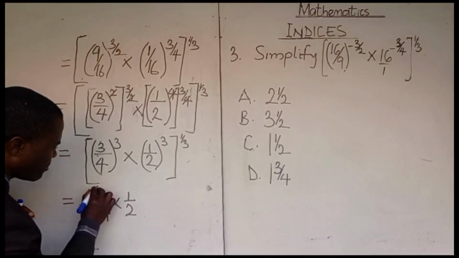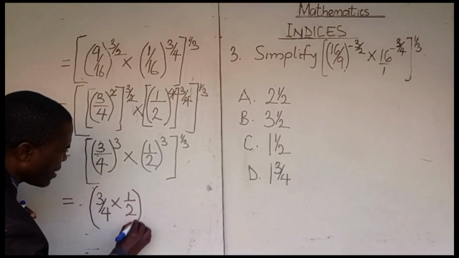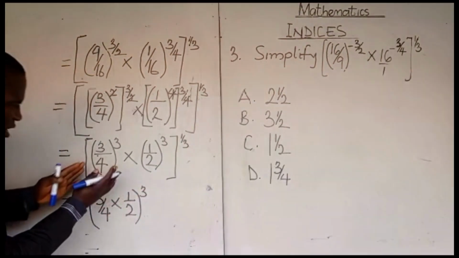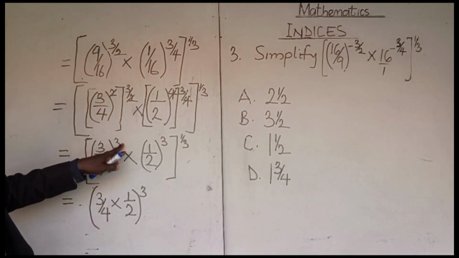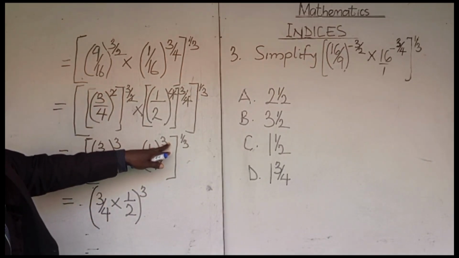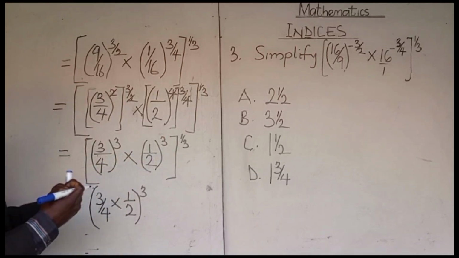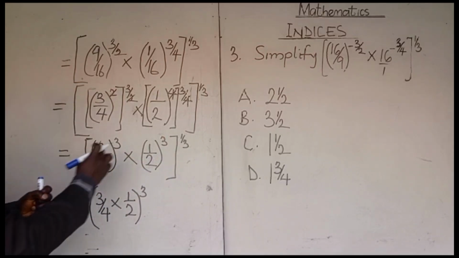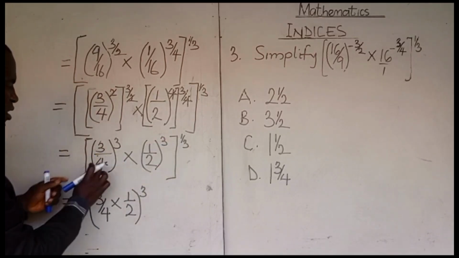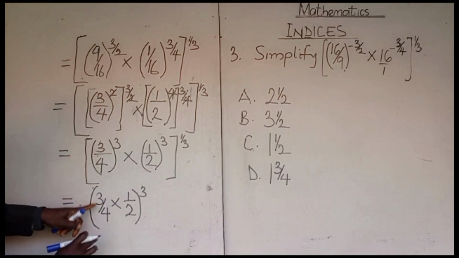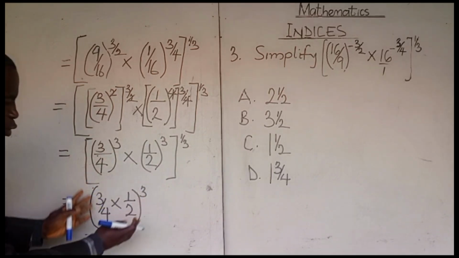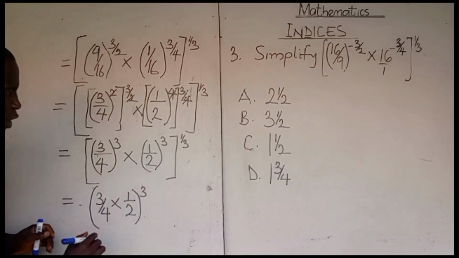Since the two of them are having the same power of 3, we can represent them this way. Look at it. This one is having power of 3. This one is also having power of 3. We can connect them together because they have the same power. So we are going to now have 3 over 4 times 1 over 2 altogether power of 3.